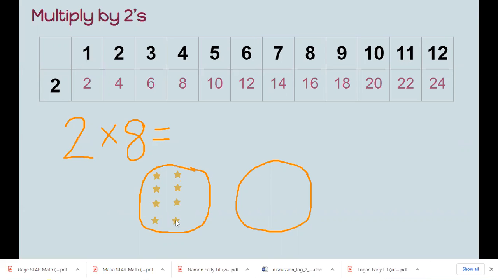There's 8 in my first group. Let's put 8 in your next group also. Take a minute and finish your picture of 2 groups of 8.